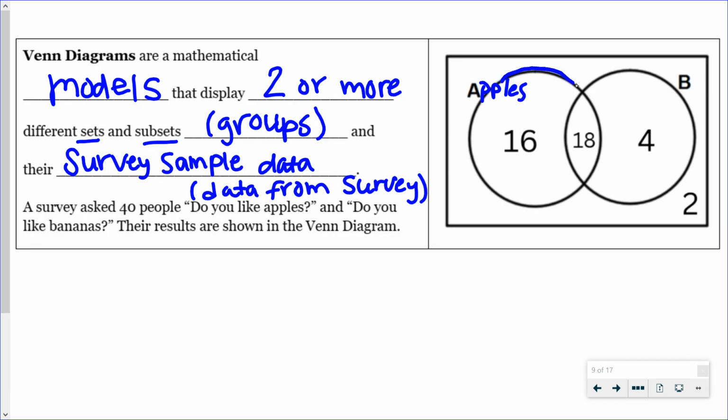This blue circle here indicates everyone that said that they liked apples. Everyone in the B circle says they like bananas, and everyone in this shared overlap shaded area here said they like both apples and bananas. Now you'll see I have 2 on the outside. That is still a part of the set, and that is someone who said no or didn't like either of them.